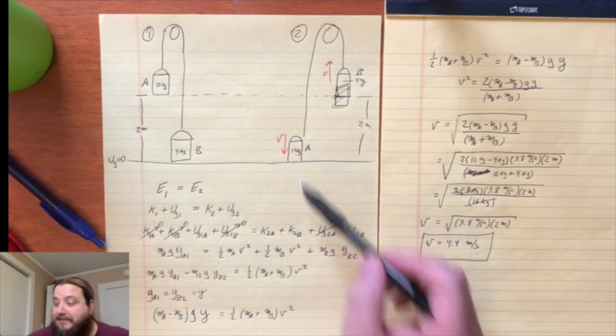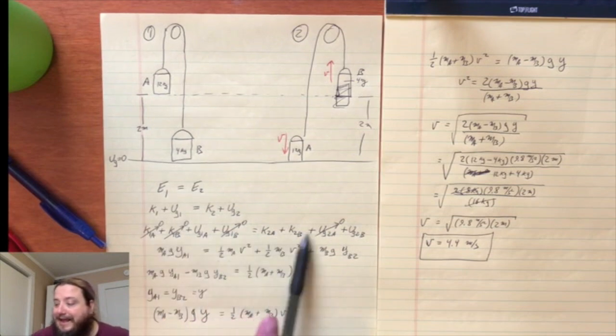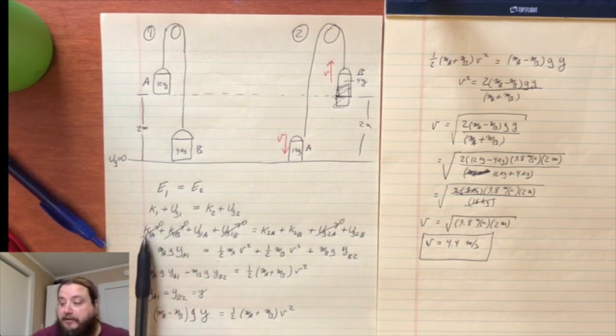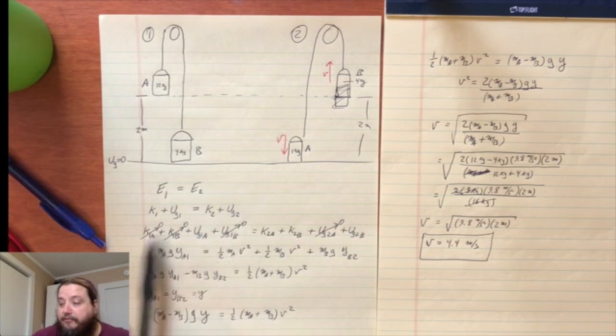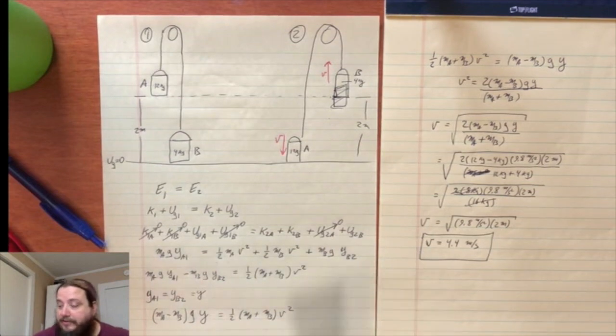But bucket A is sitting on the ground, and therefore it has no gravitational potential energy, and we only have the 1 gravitational potential energy term. So we started with 8 terms, but it turns out that 3 of the 4 terms at moment 1 and 1 of the 4 terms at moment 2 are all 0, so we can take them out of the equation to begin with.